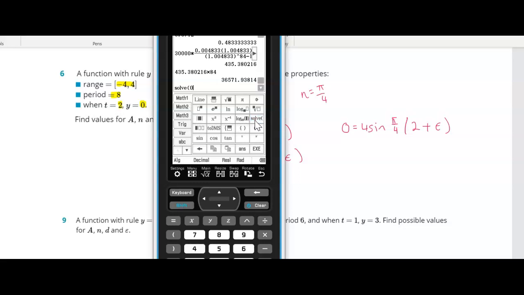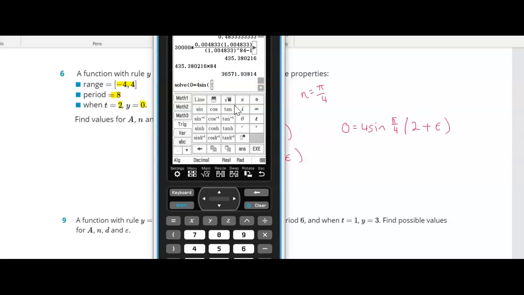Okay, so 0 equals 4 sine, I've got the pi on 4. Actually, I'm going to put that here. Pi on 4, and then put another bracket, 2 plus, and I'm just going to use x.